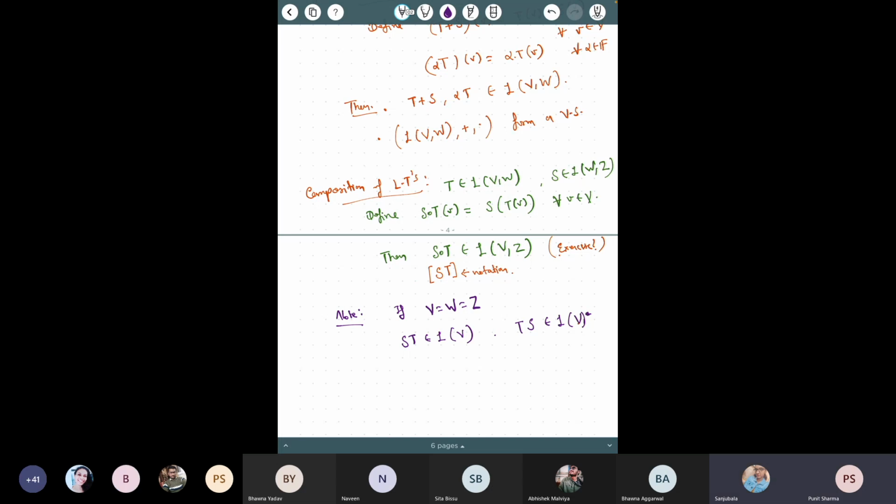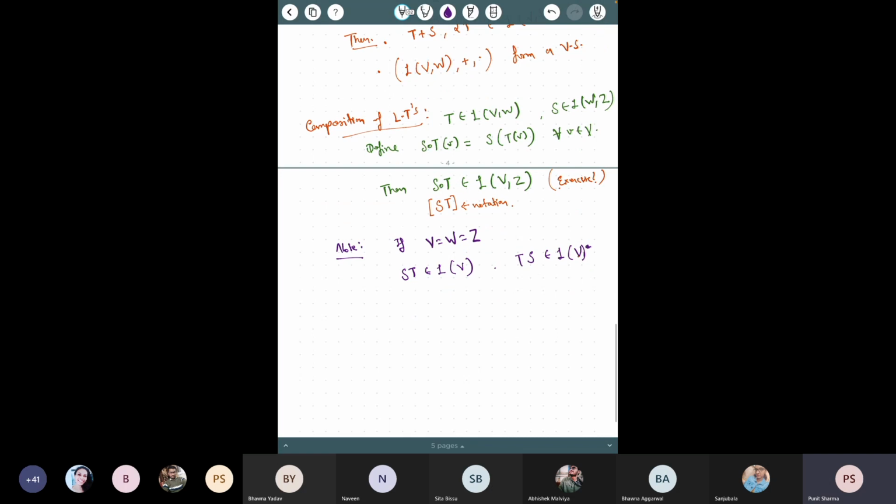Now in general, in a vector space, multiplication is not defined, right? We only have addition and scalar multiplication, but we cannot multiply two vectors. The elements of a vector space we call vectors. But here, for this set, the collection of all linear transformations L(V), we can define a multiplication. It is actually the composition.